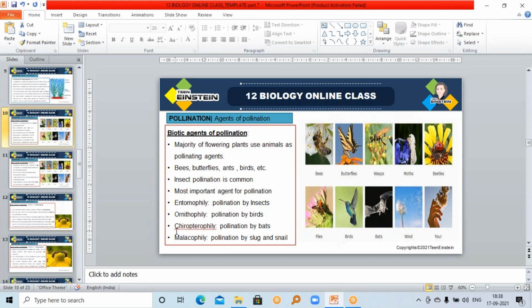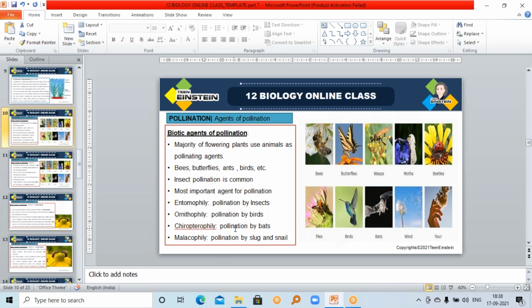First one is entomophily. Entomophily means pollination by insects. Then ornithophily means pollination by birds. Then chiropterophily means pollination by bats.